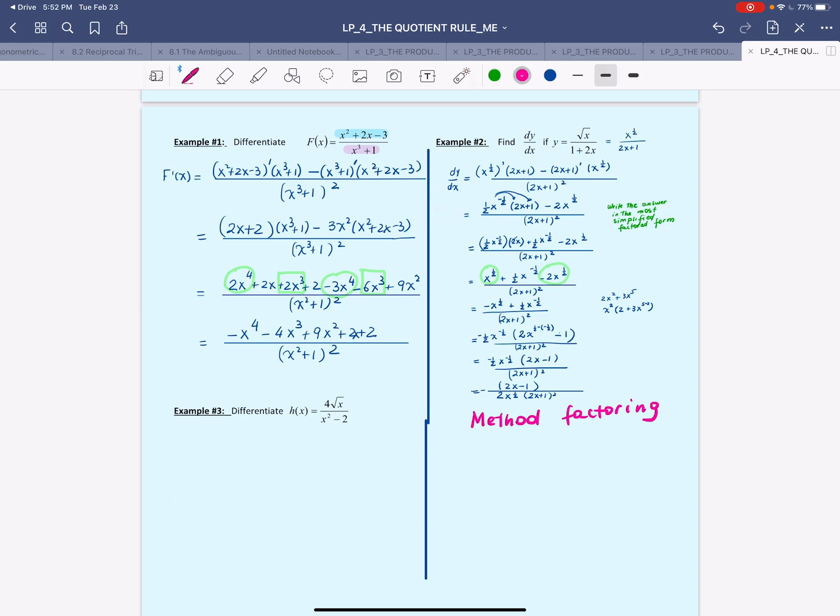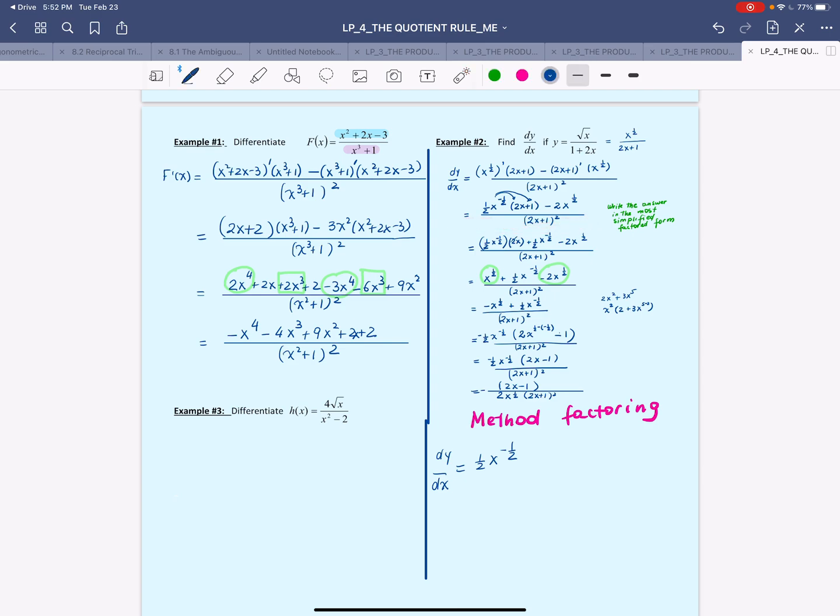Okay, so what we had was dy dx equals x to the power 1/2 x to the negative 1 over 2. So I'm borrowing the derivative we found in here.